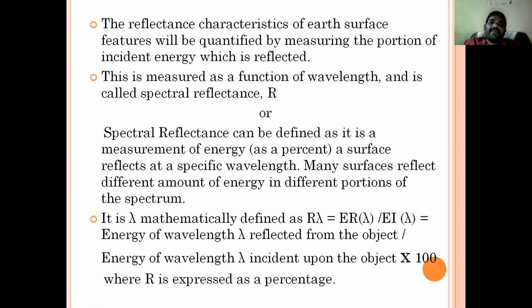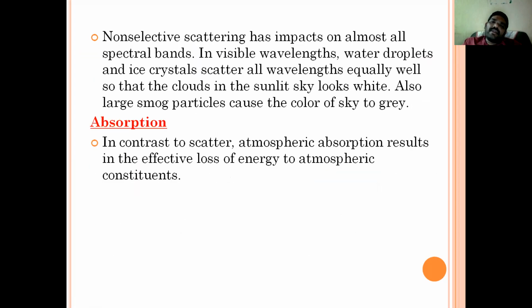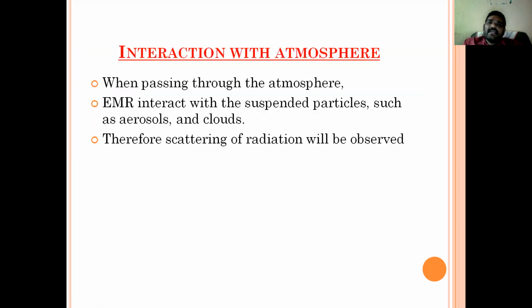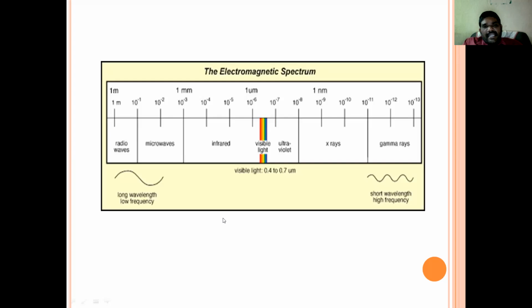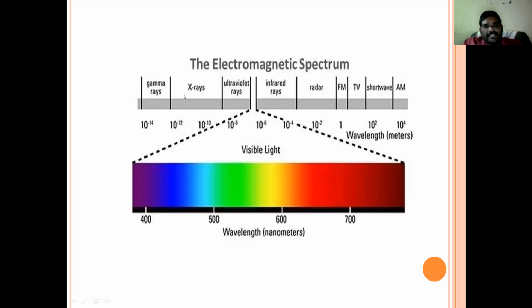See here, one more word is spectral reflectance. It is how the surface is reflecting in a band. When we look at the electromagnetic spectrum, by understanding the reflectance in this band, you can understand how the image will be.